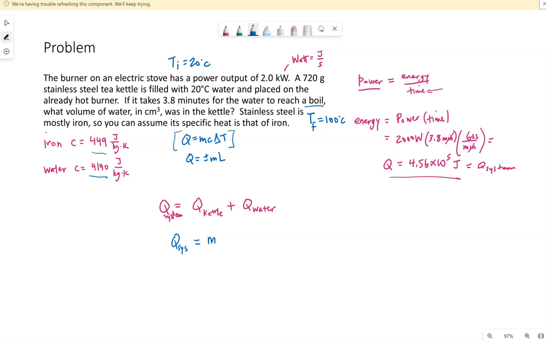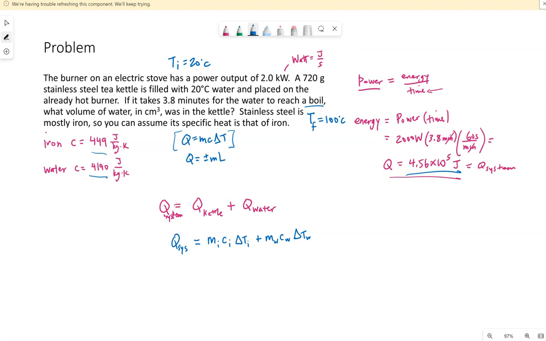We'll need the mass of the iron, C of the iron, delta T of the iron to account for the tea kettle, plus mass of the water, C of the water, delta T of the water. We know how much energy we have going into the system. We found that from the power and the time.